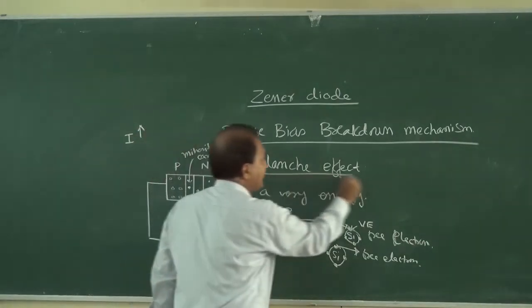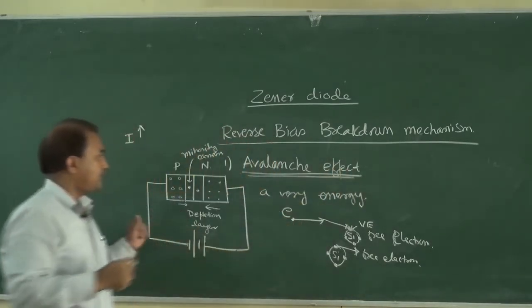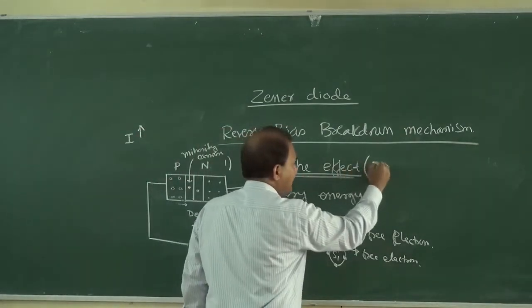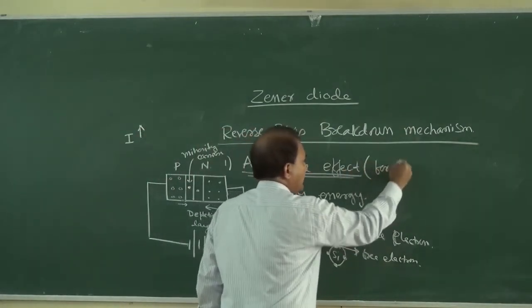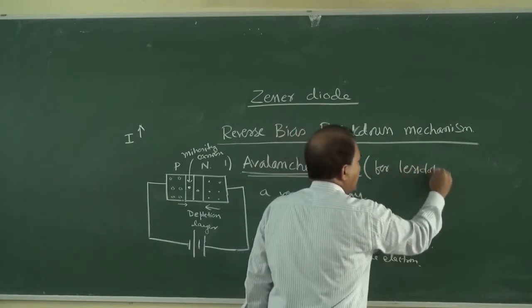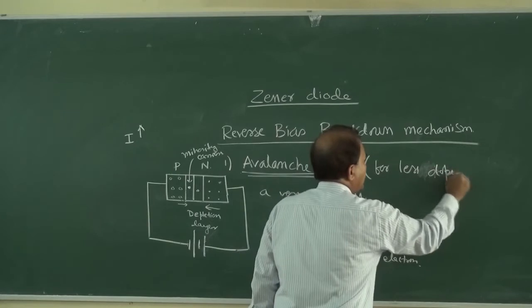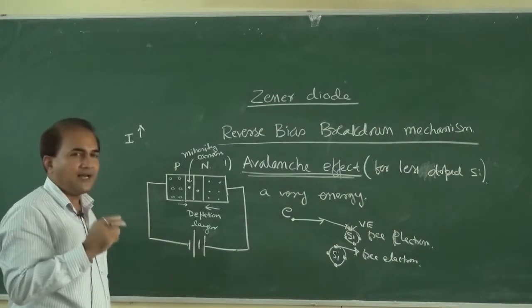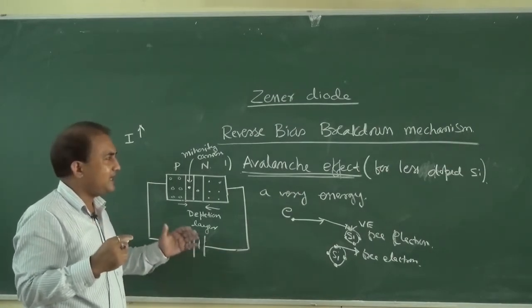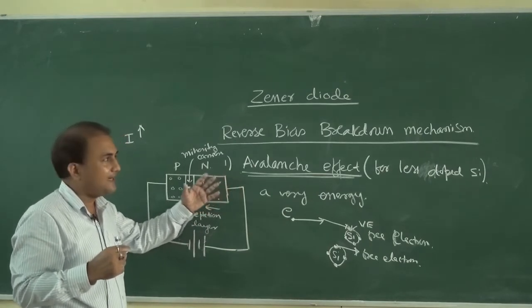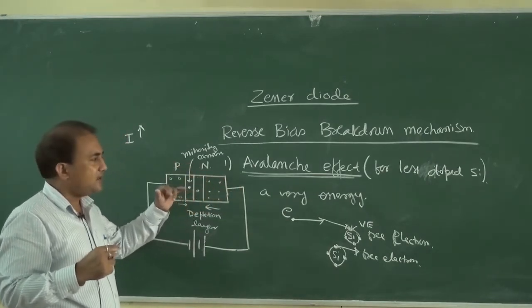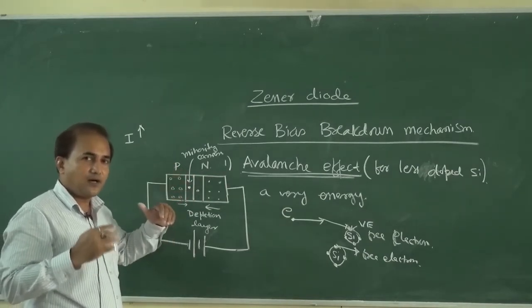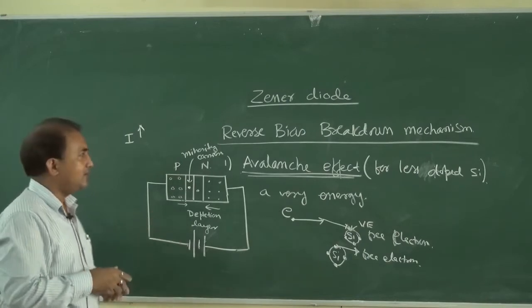So this is due to the avalanche effect. The avalanche effect generally occurs in lightly doped semiconductors. When the doping level is low, we see the avalanche effect in that diode. Due to it, a very large amount of current is observed just after the breakdown.